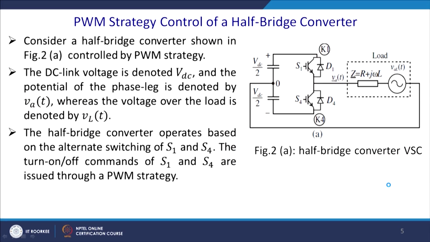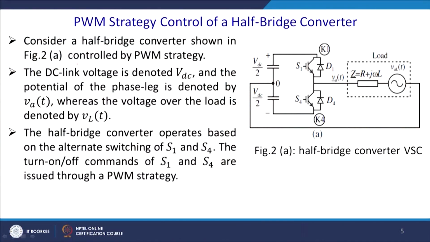Now, consider a half bridge topology where voltage will be reduced here. Consider a half bridge converter shown in the figure controlled by PWM strategy. The DC-link voltage is denoted by VDC and the potential of the phase leg is denoted by VAT, whereas the load voltage is denoted by VL.